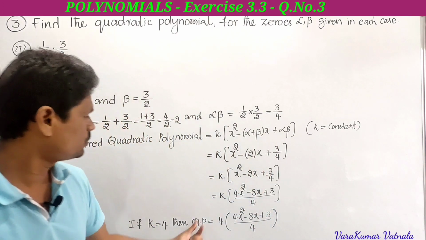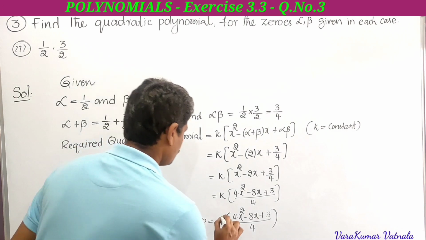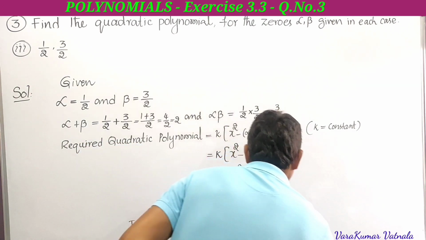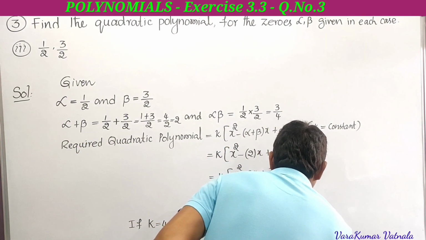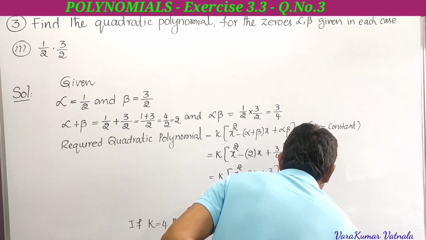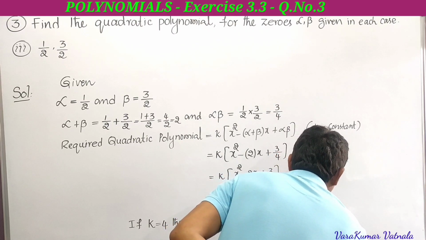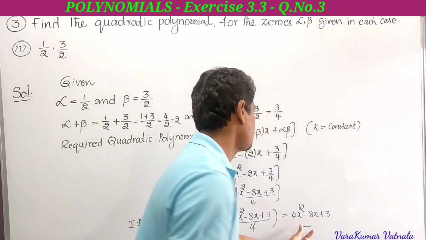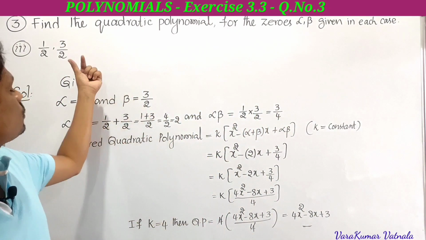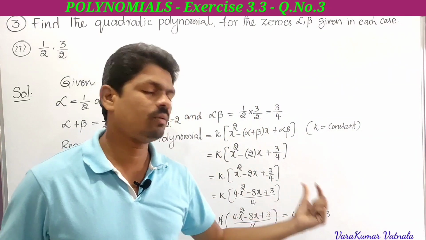So 4 gets cancelled, and finally we get 4x square minus 8x plus 3. So this is the required quadratic polynomial whose zeros are 1 by 2 and 3 by 2.